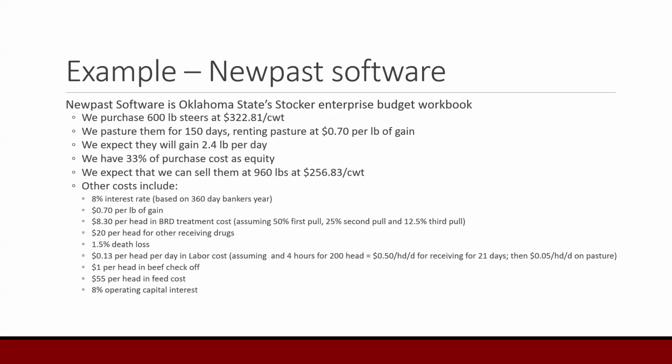Okay. So other costs, other things to include, we have an 8% interest rate. This interest rate is based off a 360-day banker's year. Okay, so how many days are in a year? 365. Why would I use 360 instead of 365?